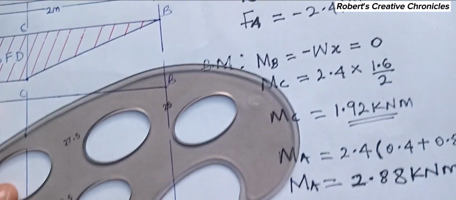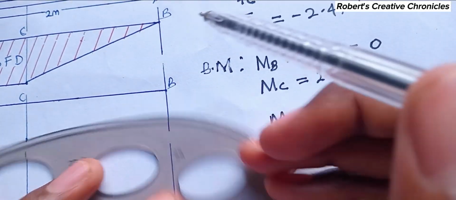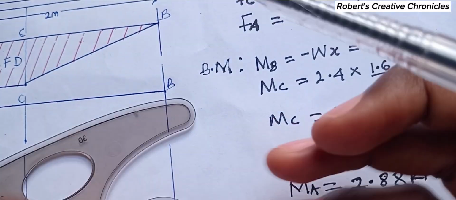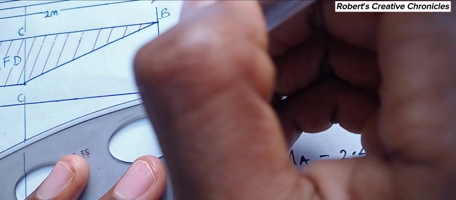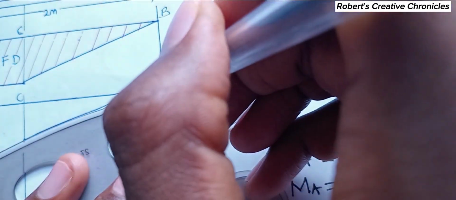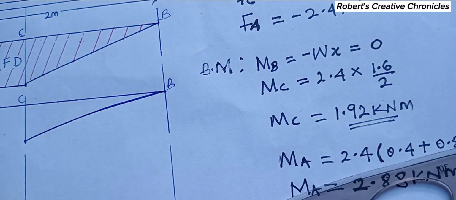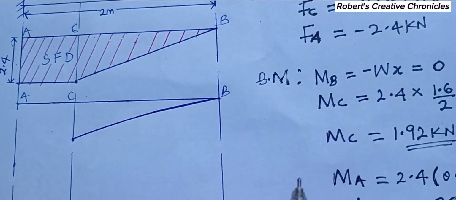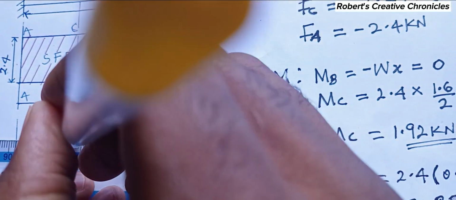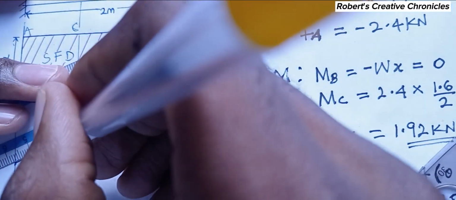That is why I'll take my French curve and draw a parabolic curve from B to C. Then from C, there's no load, so you join it with a straight line, not a horizontal line.